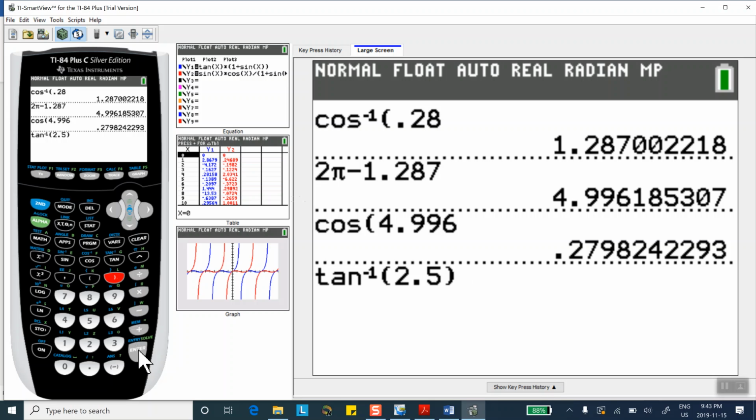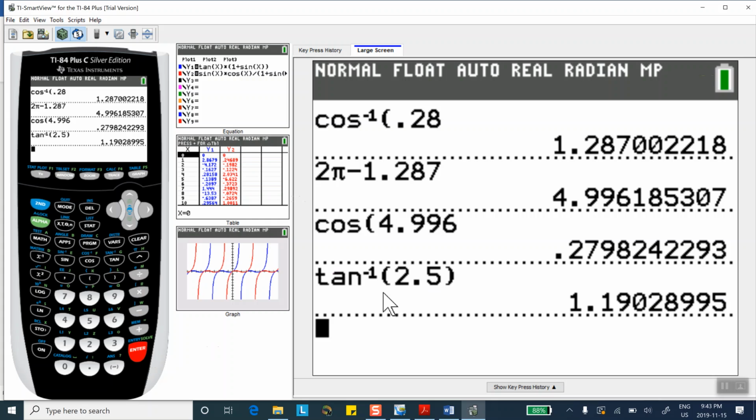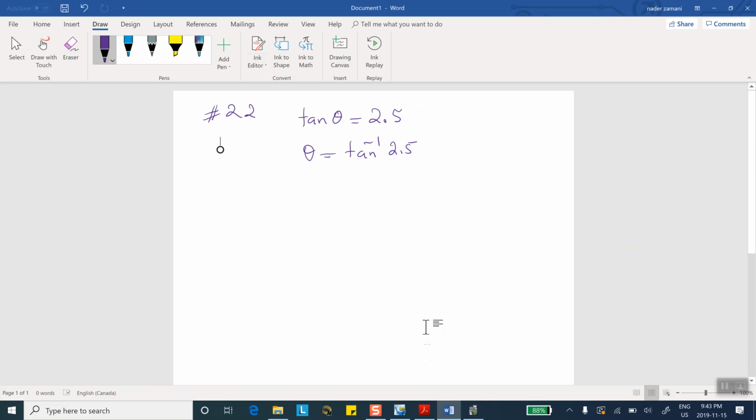So it's going to be something between pi over 2, which is about 1.57, etc., and minus 1.57. Okay, 1.190. So this is what I got. So we have theta equal to 1.190.